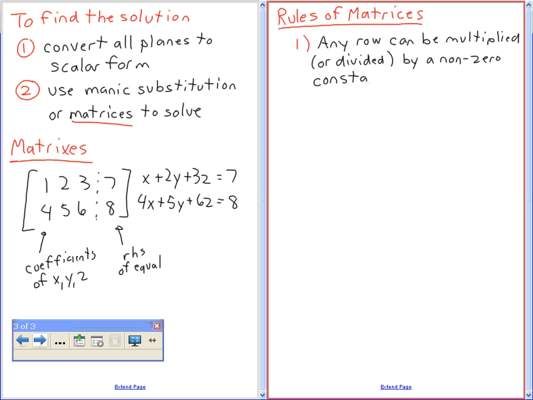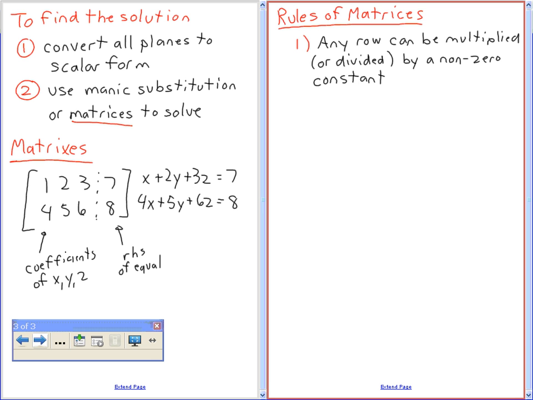So the same rules of algebra apply. If I have x plus 2y plus 3z equals 7, I can multiply it by 2 and call that 2x plus 4y plus 6z equals 14. And I can change this row the same way, 2, 4, 6, 14. The same rules apply. I can multiply or divide.